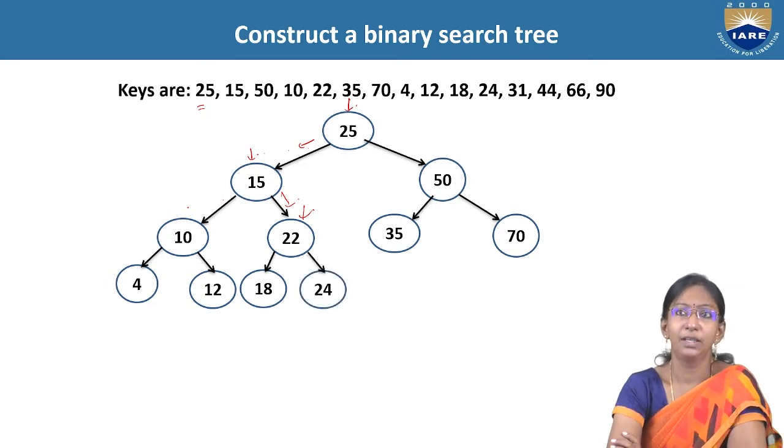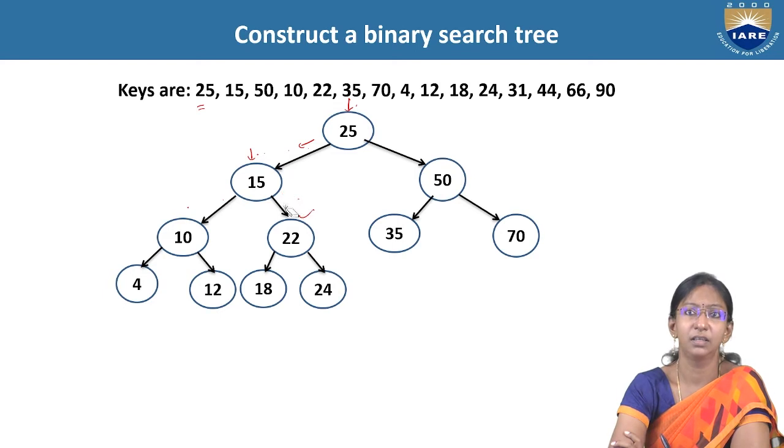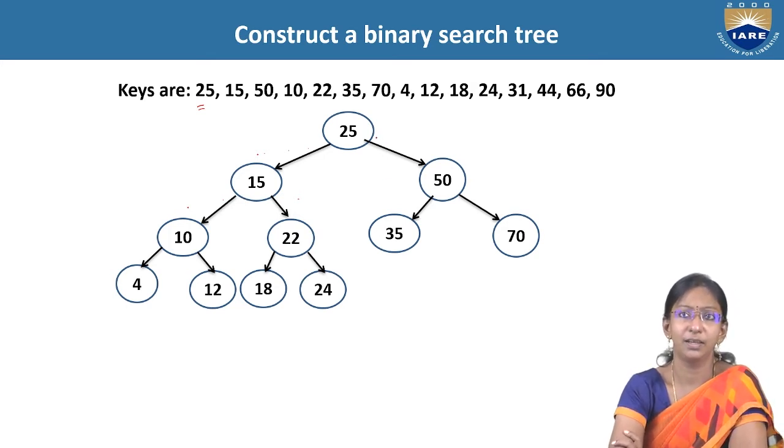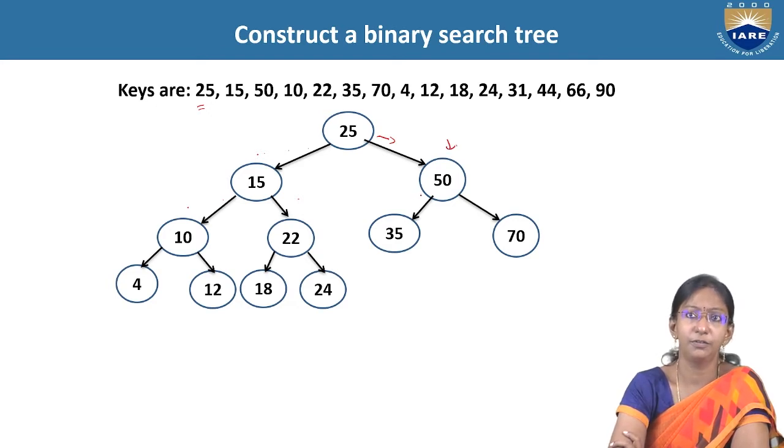Right? So the next element is 31. 31 is greater than 25, so go to the right side. Compare with 50, less than 50, so go to the left side. Compare it with 35, less than 35, so left child.